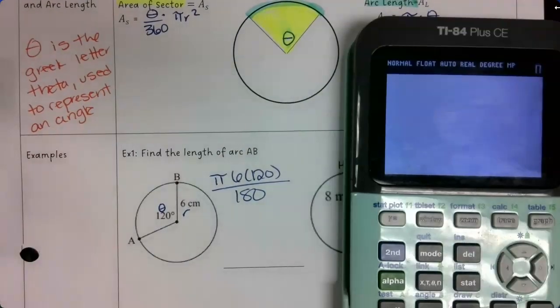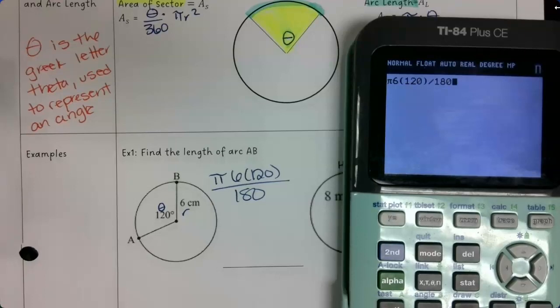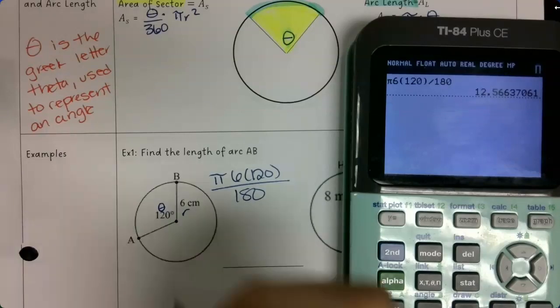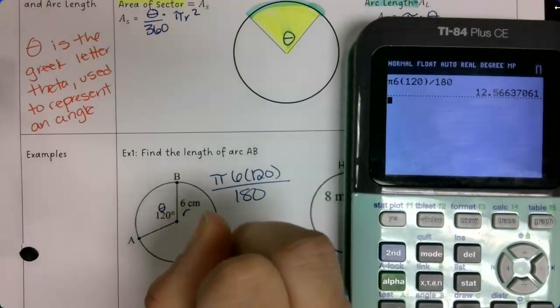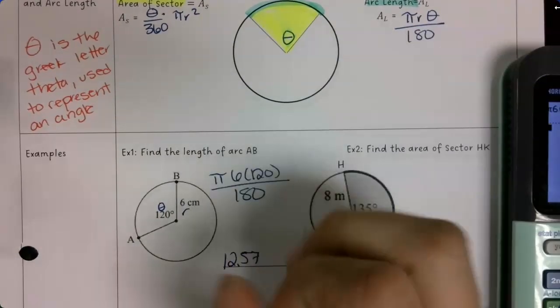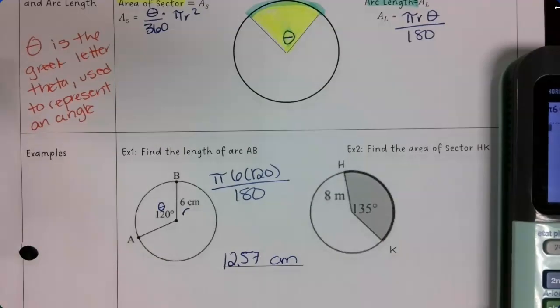So then I want to go ahead and type this into my calculator. Which gives me 12.57. And this was measured in meters.